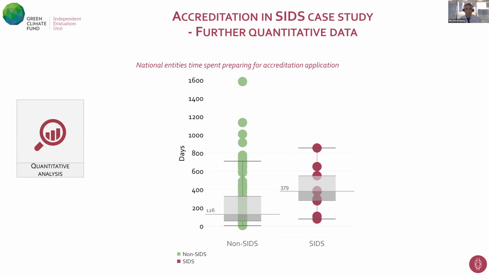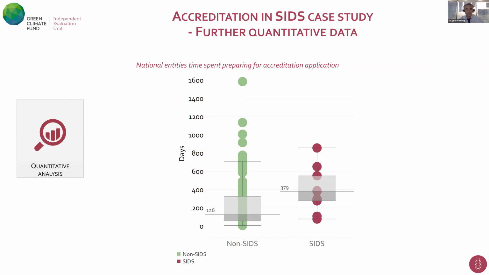There's one line intersecting each of the box plots. This denotes the median time in days for these 2 groups of entities. And you can see that FIDS national entities spent 379 days preparing for application submission, whereas non-FIDS spent 126 days.